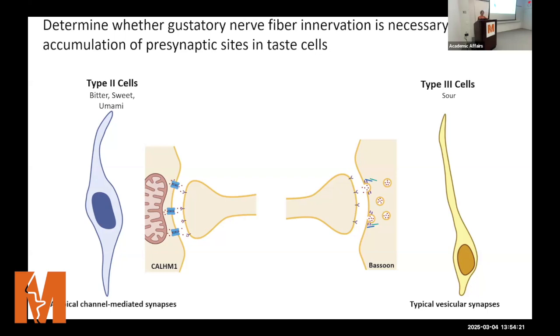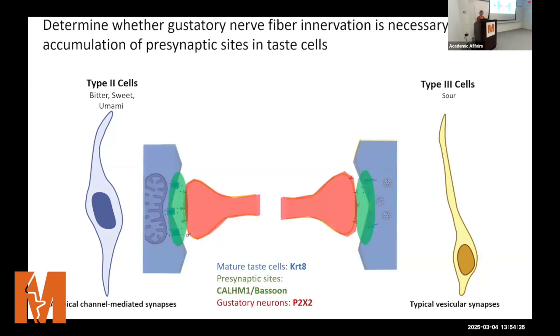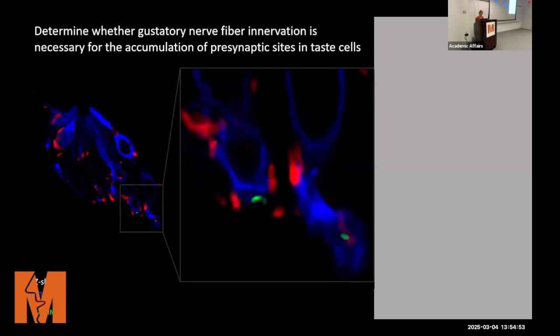They're tricky to use in the lab, but we've got good protocols working so that we can use immunohistochemistry to identify these presynaptic markers, along with the gustatory neurons. We typically use a P2X2 antibody to label gustatory neurons. We've also done this with the Foxg2 Ai14 lines to label those transgenically. And then, of course, we use TROMA-1 to label the mature taste receptor cells.